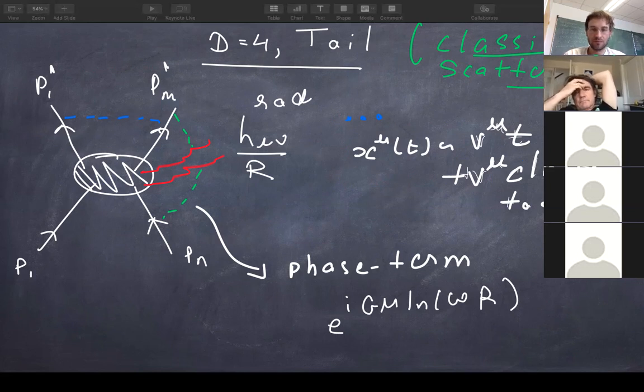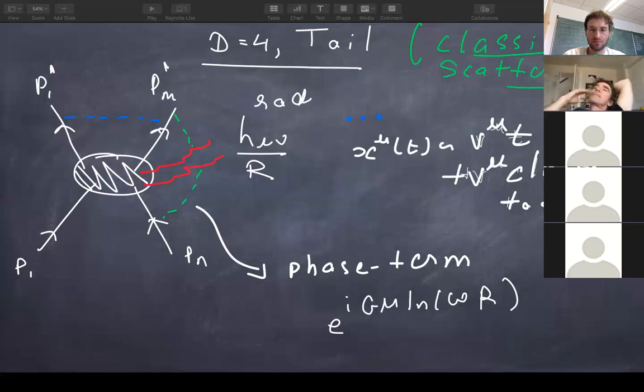Intuitively you see where log omega could come from. The phase itself explicitly has a log omega, and the trajectory has a log t, but it's a log t at late times. If you Fourier transform, large t becomes small omega inverse, so wherever you have a log t, it becomes log omega inverse, which is minus log omega. So both of them contribute to log omega. This is one intuitive way to understand where the log comes from. I don't know, Mark, if that answers your question.